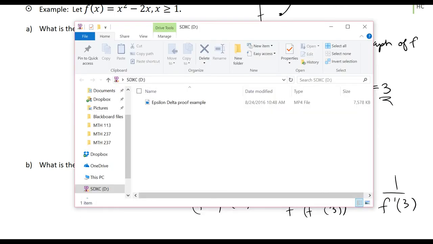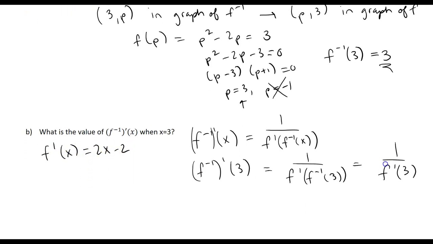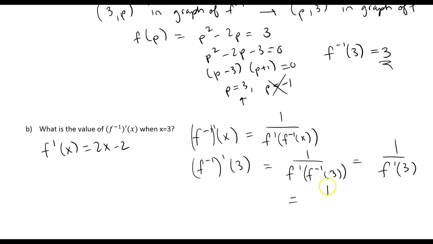And f prime of x is actually pretty easy to find here. f prime of x is going to be 2x minus 2. So this is just 1 divided by 2 times 3 minus 2, or 1 divided by 4. So the answer here is that f inverse prime of 3 is equal to 1 divided by 4.